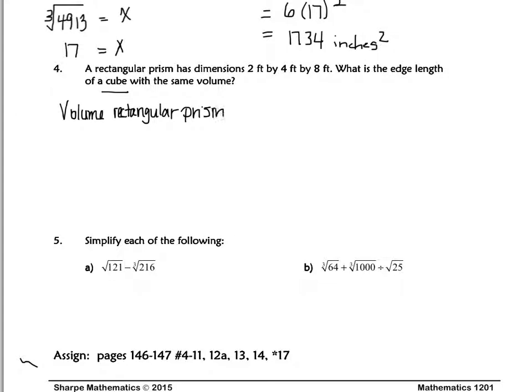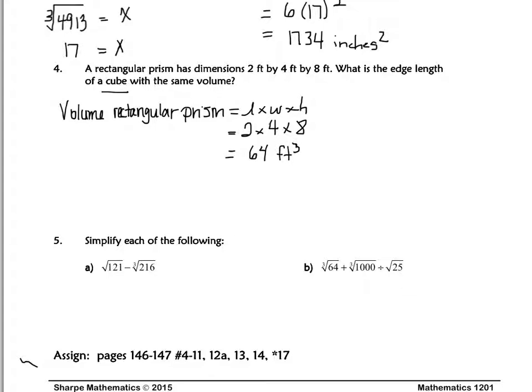That would equal length times width times height, which is 2 by 4, 4 by 8, which would be 64 feet cubed.